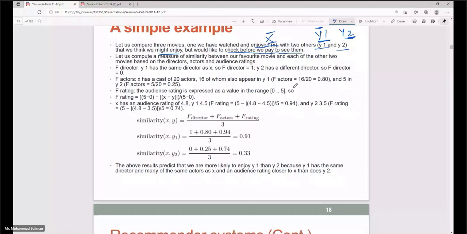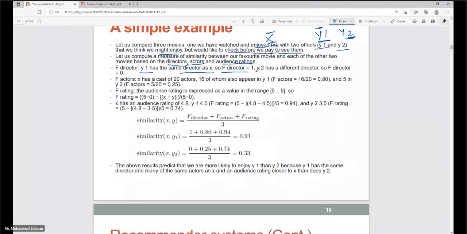So let us compute a similarity measure of the favorite movie and two other movies based on directors, actors, and the audience rating. For directors, Y1 has the same director as X, so the director factor is 1.